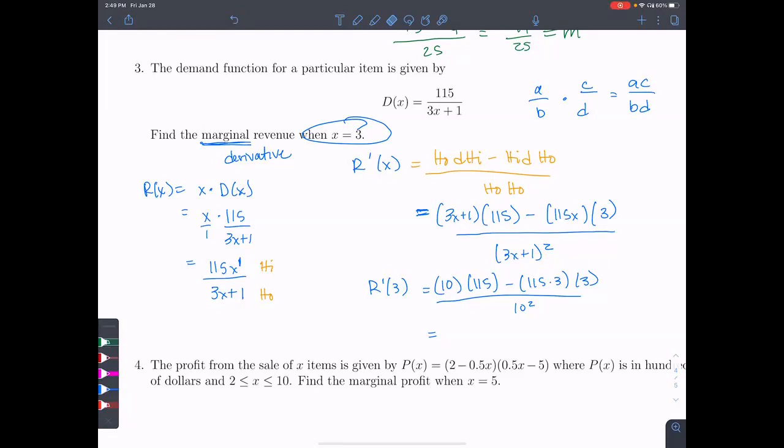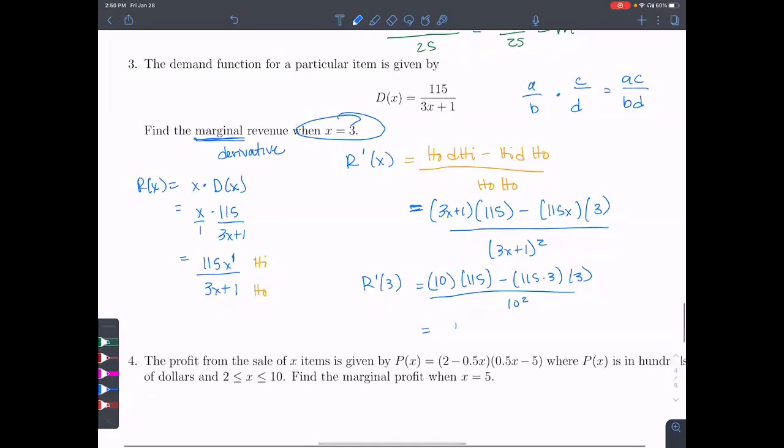That's 115 over 100, is that right? Which is 1.15. Okay. So there's your marginal revenue when x is 3. Figure out what the marginal revenue function is and then plug in the value 3.